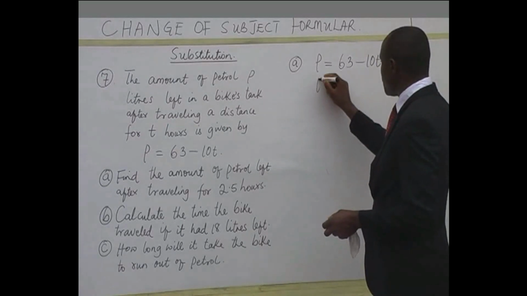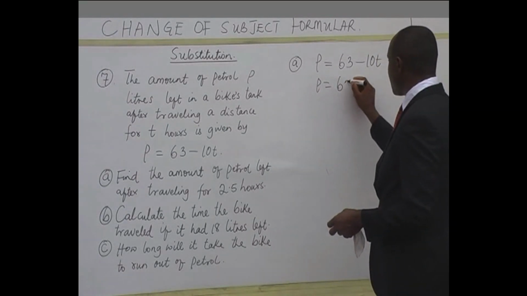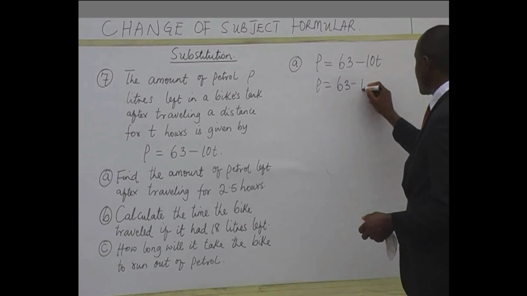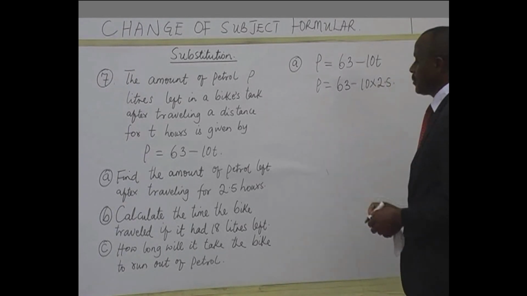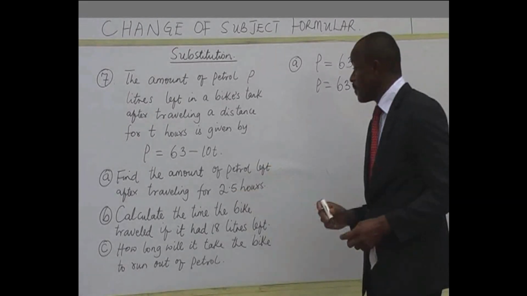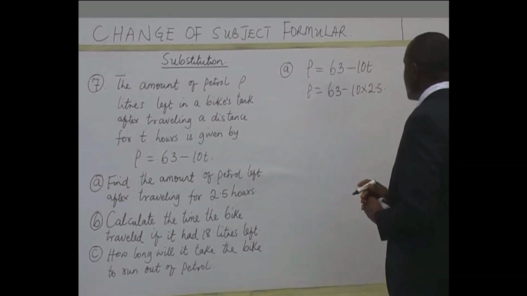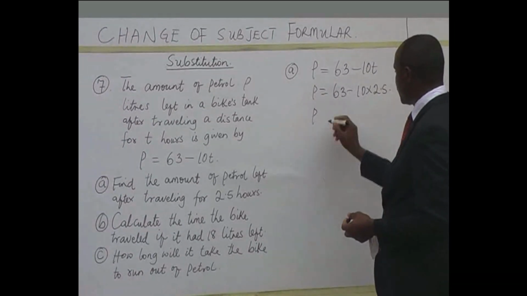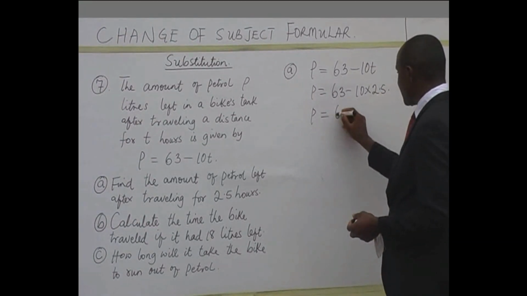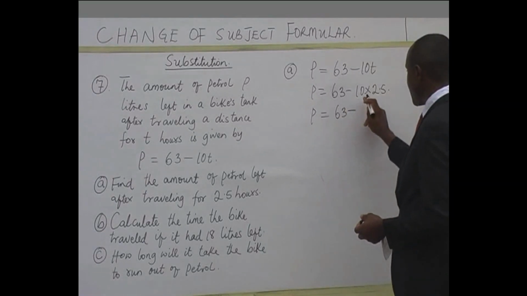That means P is equal to 63 minus 10 times the time, 2.5. Now multiply out. P is equal to 63 minus 10 times 2.5, which gives you 25.